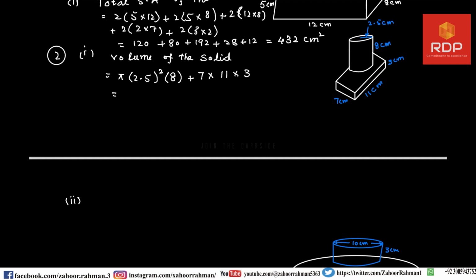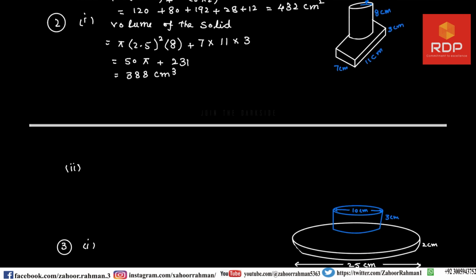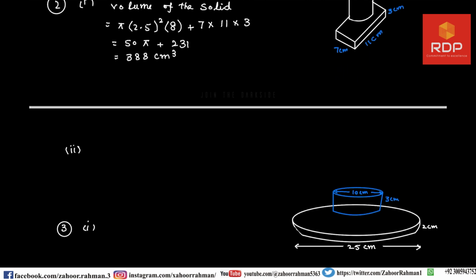When we calculate, we will get 50 pi from the first, and from the second we will get 231. When we put the value of pi and calculate the whole expression, we will get 388 centimeter cube.